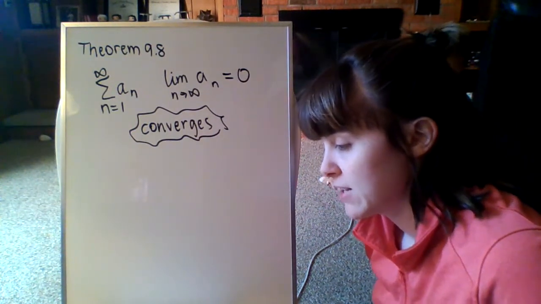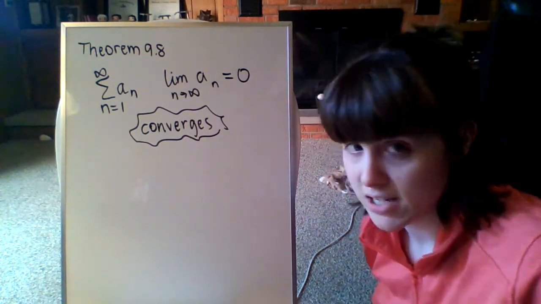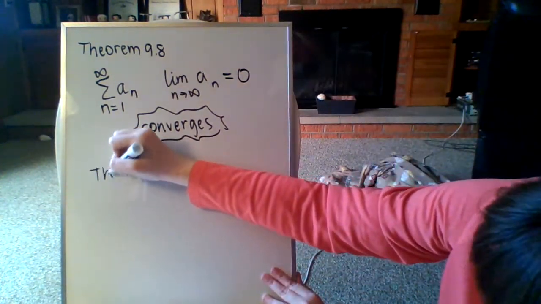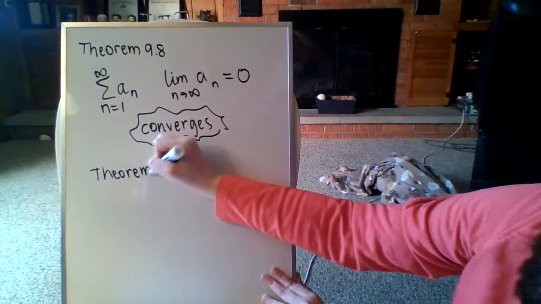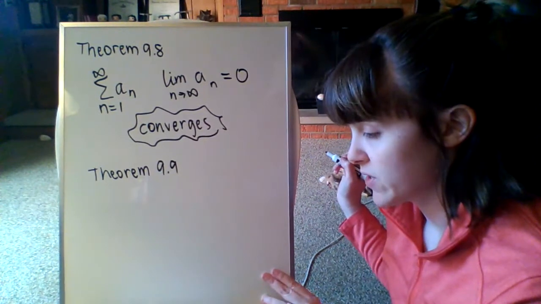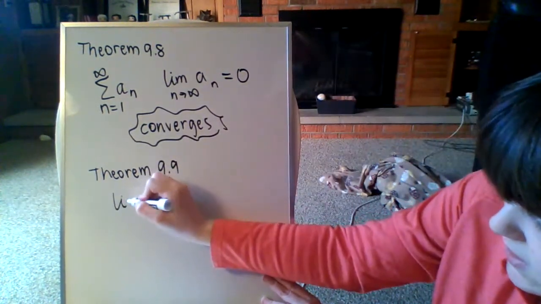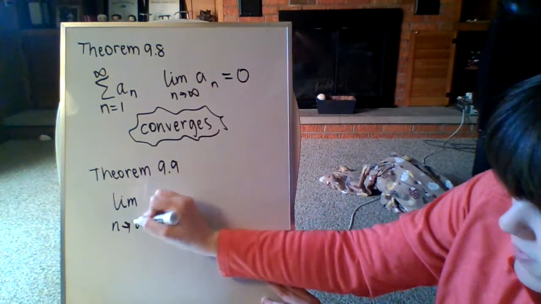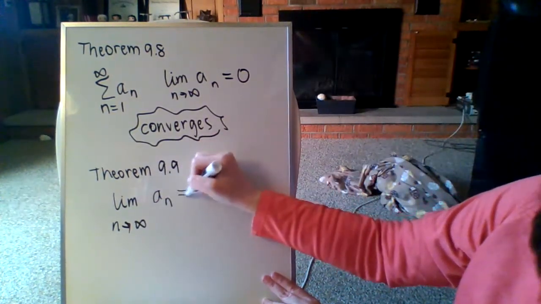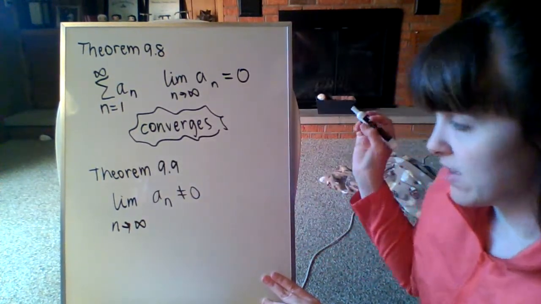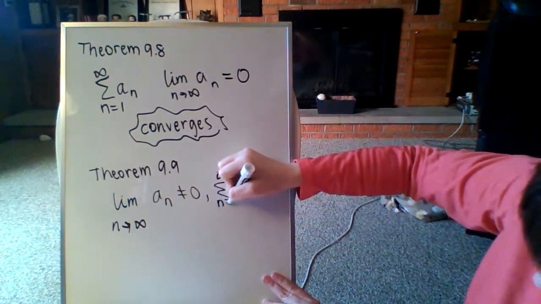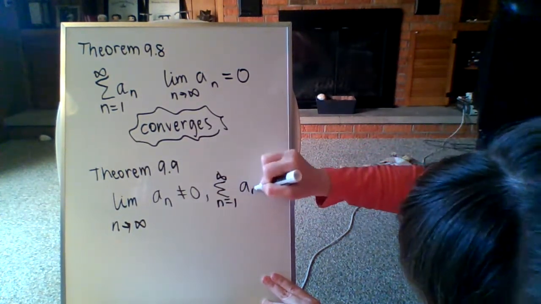Following that, we have theorem 9.9, which kind of says the converse. Theorem 9.9 says nth term test for divergence. If the limit as n approaches infinity of a sub n does not equal 0, then the series diverges.